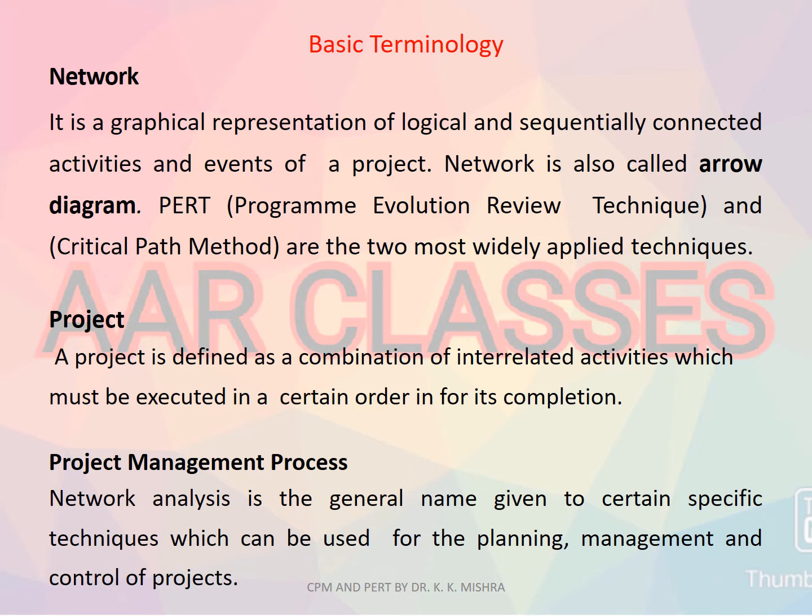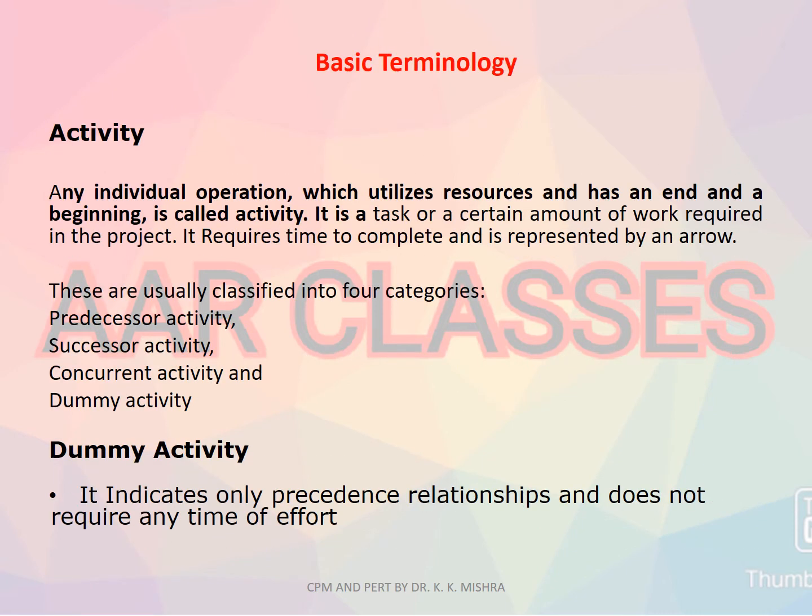Project management process, network analysis is the general name given to certain specific techniques which can be used for the planning, management, and control of projects. Activity. Here any activity is normally represented by an arrow that has its head and its tail.